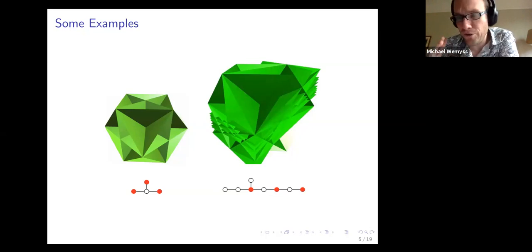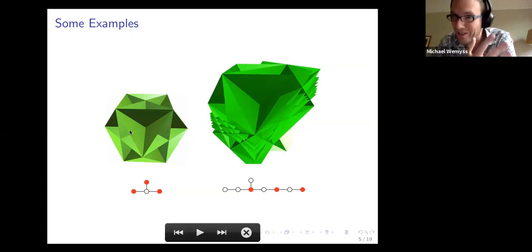And there's 2 take-home messages from this slide. The first is when you do this intersection business, you get things which are actually a little bit more complicated than you might naively expect. And so when you do simple things, you get relatively simple answers. But in general, the complexity is quite high.